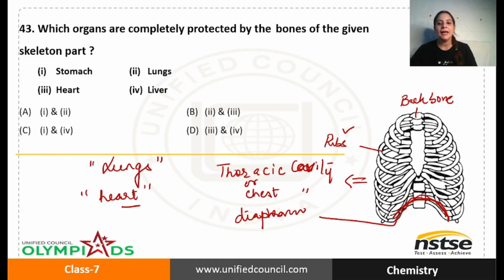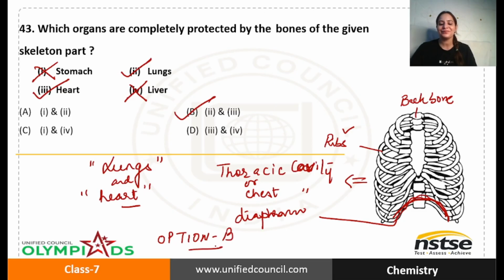So we can say that it is a thoracic cavity, or chest cavity, formed of ribs, backbone and diaphragm from below, and it encloses lungs and heart. Here we have options: stomach, no; lungs, yes; heart, yes; liver, no. So the correct option states 2 and 3, that means option B. So option B is the correct answer.